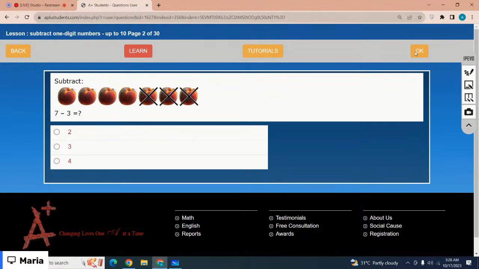The correct option is: you have 7 of the peach, not apple. You cross 3 of them. Now you have to count how many of them you're left with. You're left with just 4, right? Just count the ones that are not crossed. 1, 2, 3, 4. So 7 take away 3 equals 4, right?